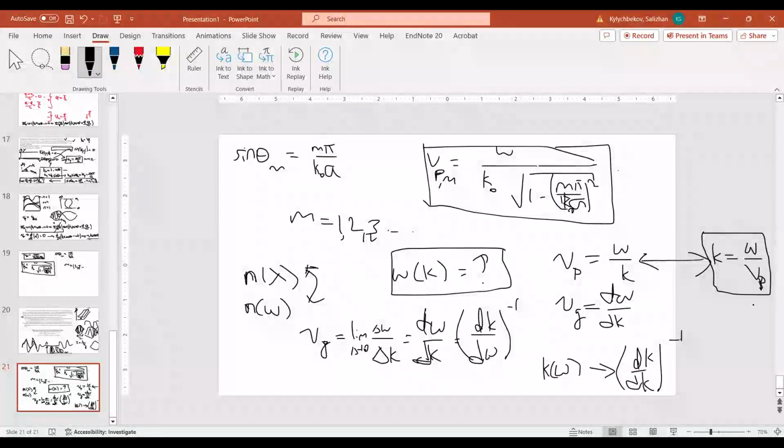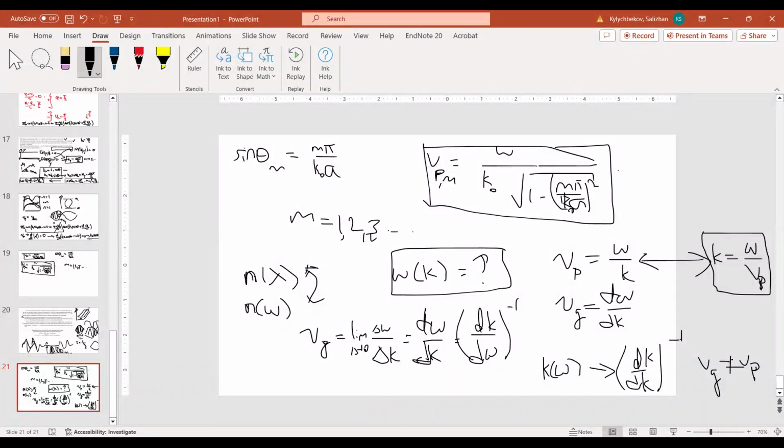But the only problem is that phase velocity also depends on omega, so we have to be a little bit careful. It's not like you take the derivative of this and it becomes 1 over VP, and you inverse it and it becomes V group equal to V phase. That's too trivial, it's not the case.